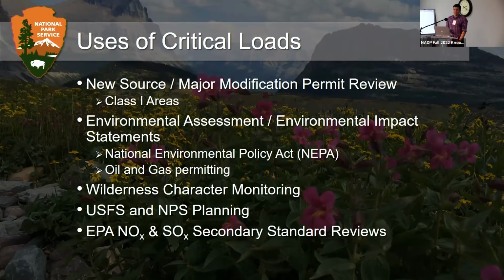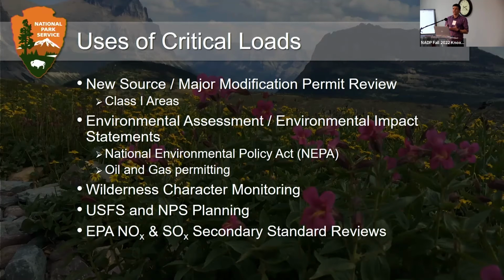Using them for NEPA analysis, so when oil and gas permitting on federal lands often will increase emissions as well, cause additional harm. And then just in general planning, like the tree critical loads that Linda Pardo was talking about, are they reducing the amount of timber available for harvest from forested land? Are we seeing increases of invasive species in national park lands and so forth?